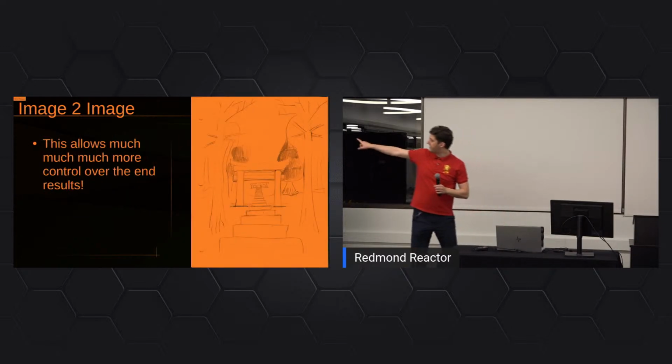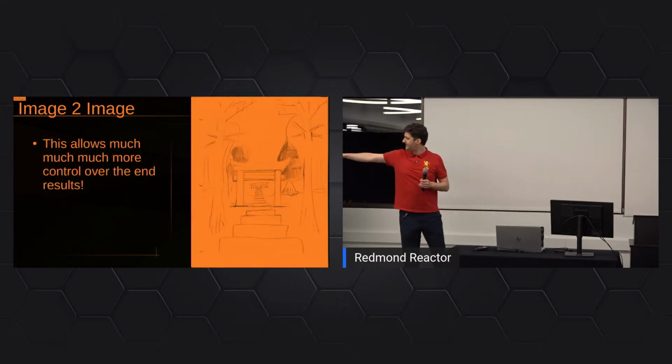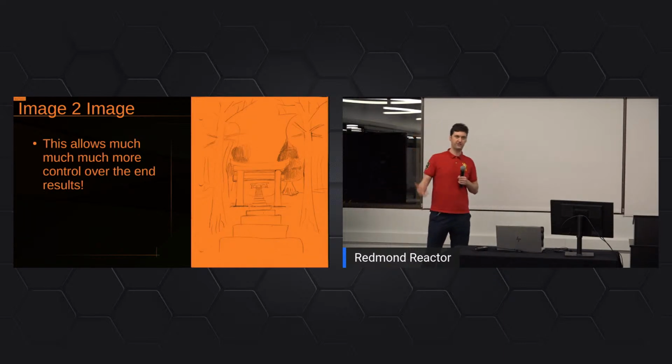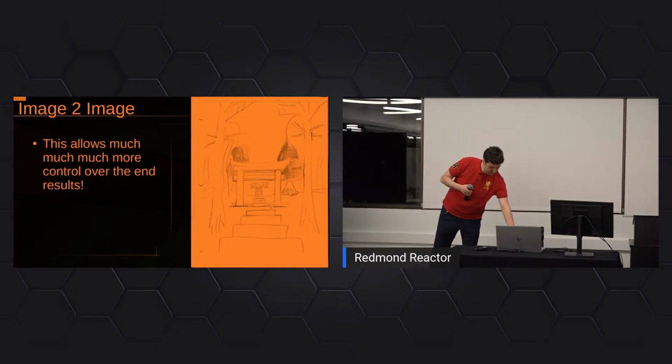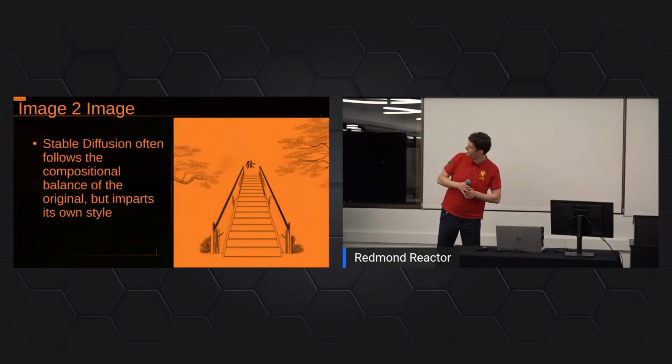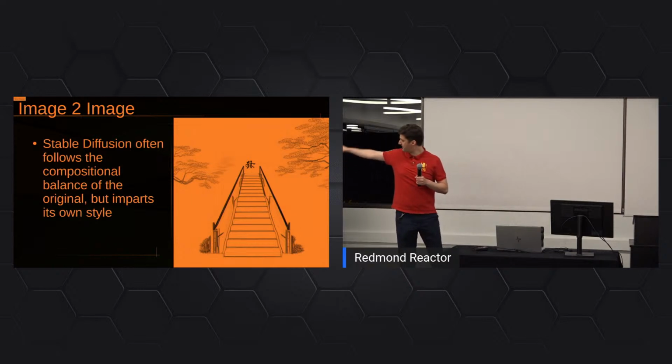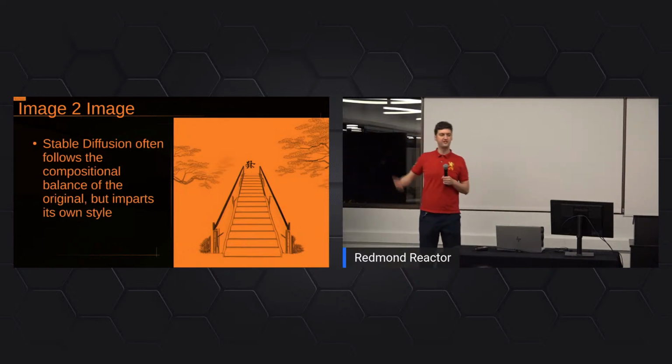This is another image that I drew. So this allows for a lot more control over the results. You can enforce what the results will be much better. And I like this one in particular, but this is the Stable Diffusion result of the previous slide. It's a cool little Sumi-e effect.